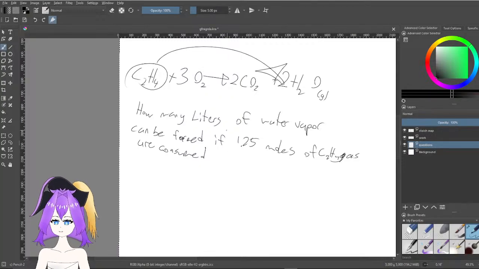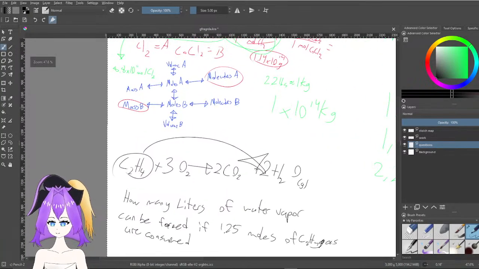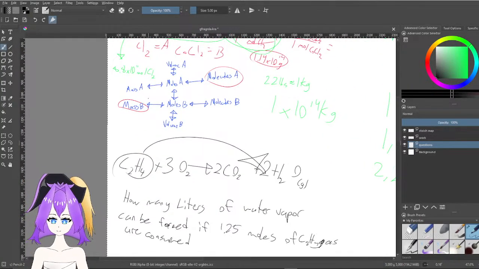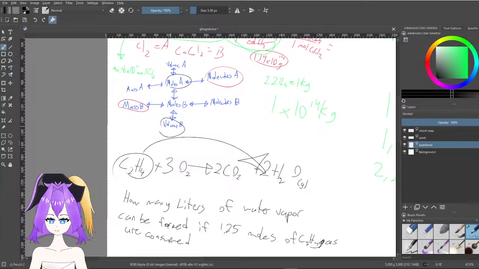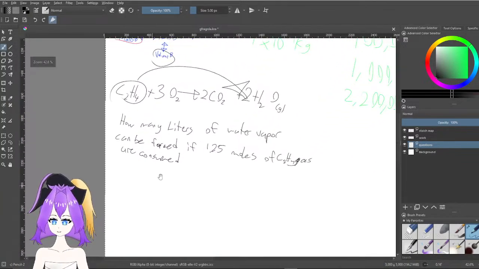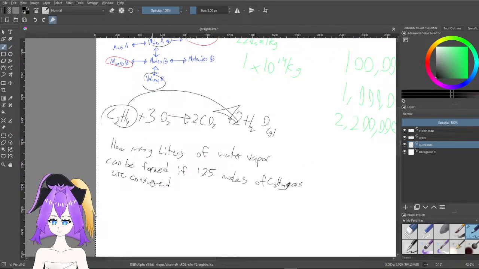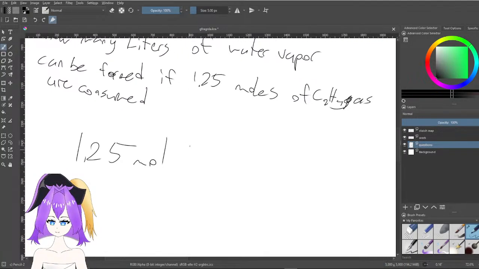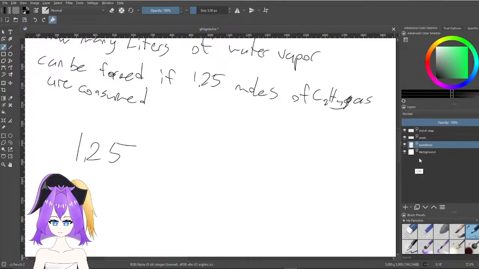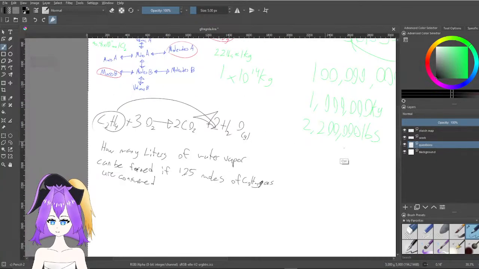So we're starting in moles, which is nice. So we get moles of A, and we need volume of B. Okay. So this one's fairly simple. Okay, so we have 1.25 moles of C2H4. Hold on, let's do this all in a different color.